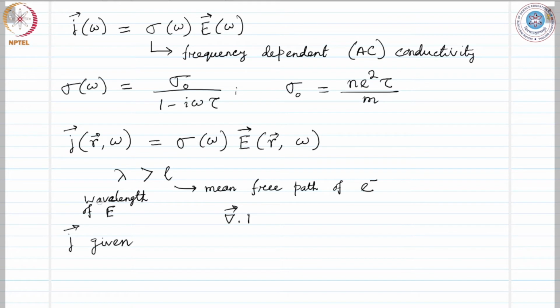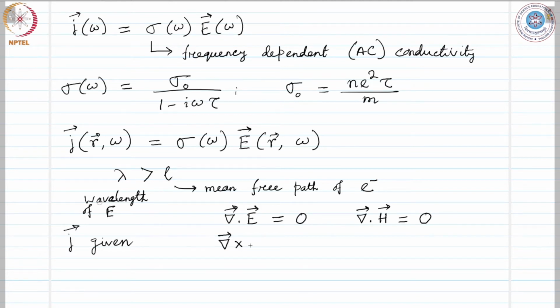The divergence of the electric field inside a metal, that is a charge-free region, is going to be 0. The divergence of the magnetic field H is anyway 0.